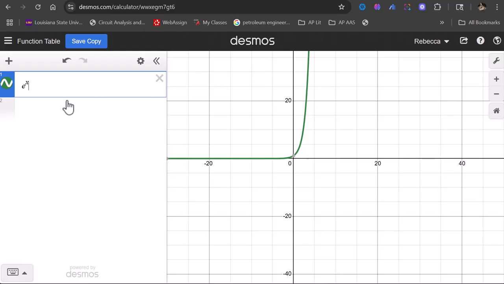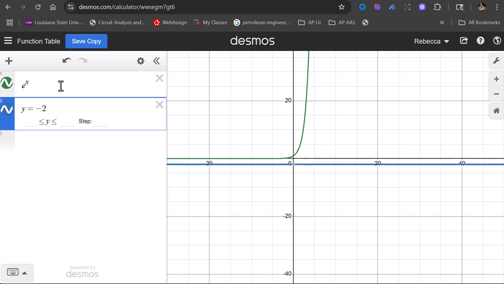So let's say I want to reflect this about the line y equals -2, for instance. Let me change this window.